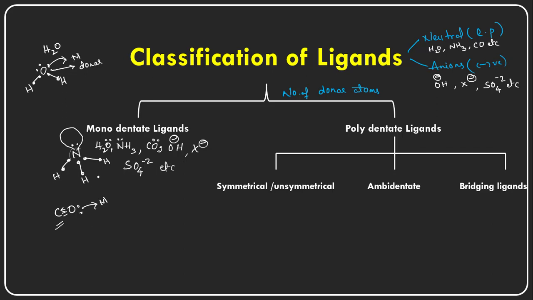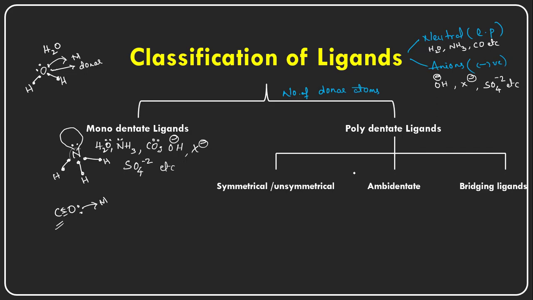Irrespective of how many lone pairs of electrons may be present, they cannot donate all the pairs. They can donate only one pair, so one ligand can form one coordinate covalent bond with the central metal cation, right? So those are called monodentate ligands.